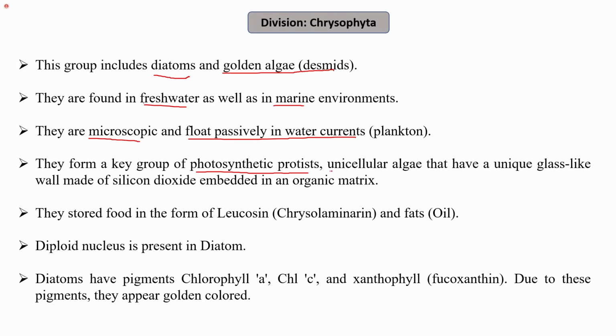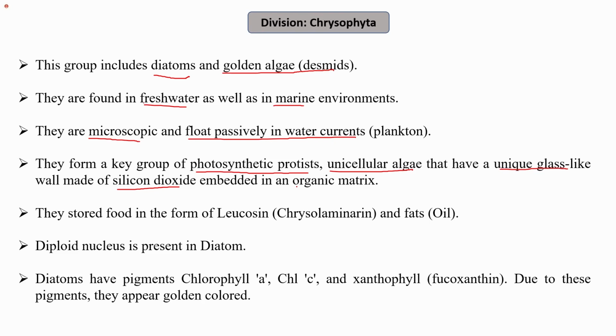They are unicellular algae that have a unique glass-like wall made up of silicon dioxide, embedded in an organic matrix. It is very important to understand the composition of the cell wall in kingdom Protista.